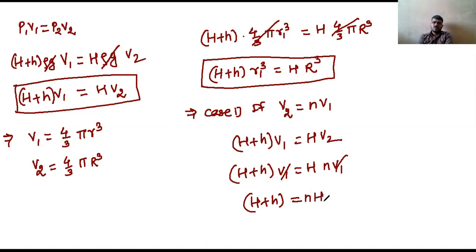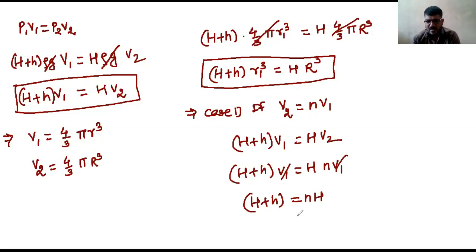Yes, suppose they are giving that the volume at the surface is 3 times the volume at the bottom. Then n is equal to 3 here, and then you can find out whatever you want, either h or capital H or whatever it is.